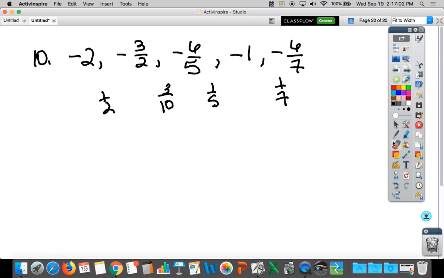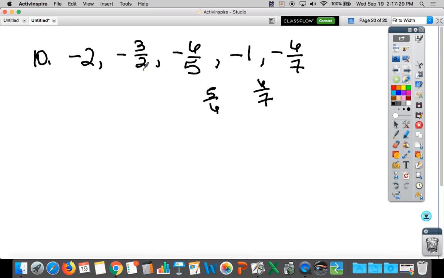All right, so that's not going to work. So now let's divide. And that's why I said sometimes these are long and labor intensive. So negative 6 sevenths divided by negative 1 is 6 sevenths. Negative 1 divided by negative 6 fifths is 5/6. Do negative 6 fifths divided by negative 3 halves.